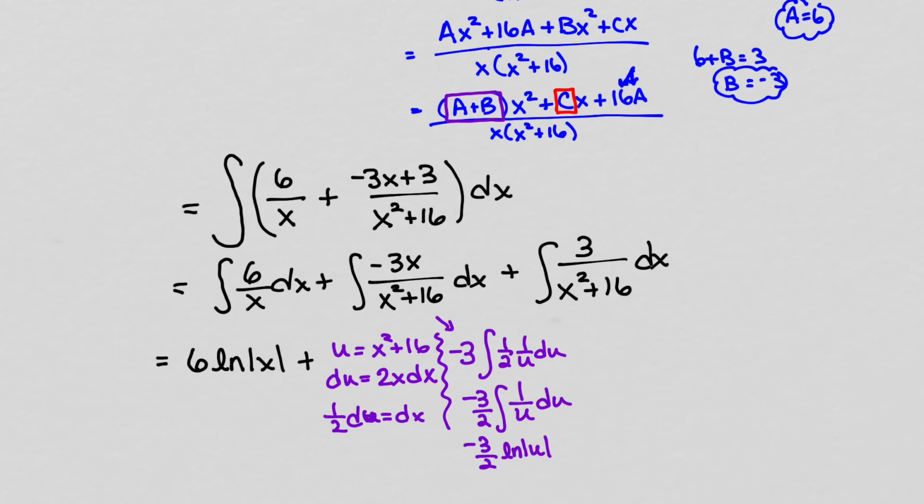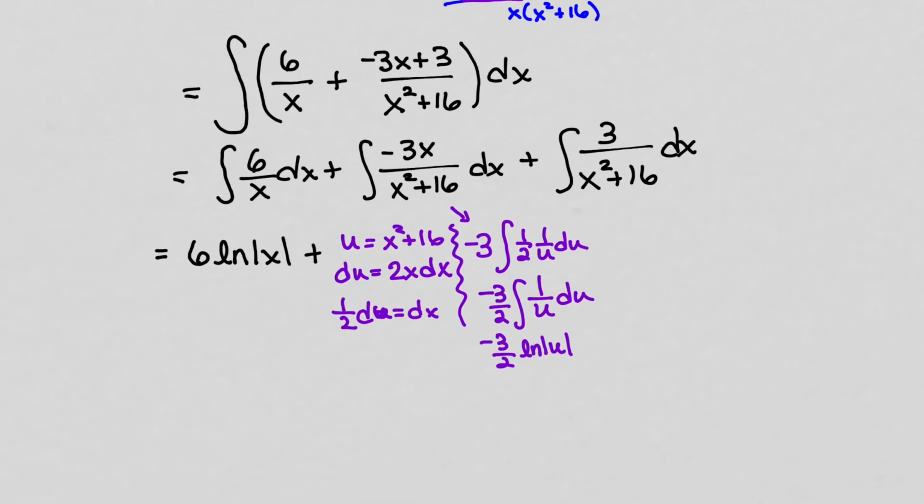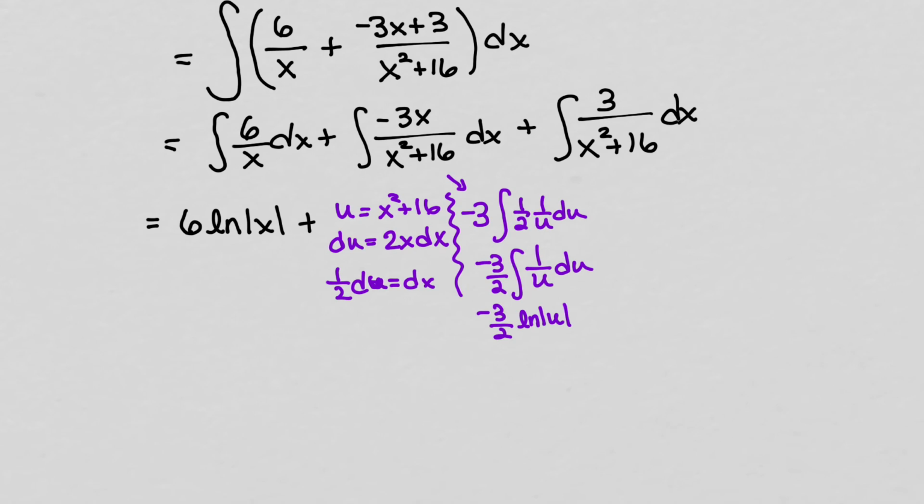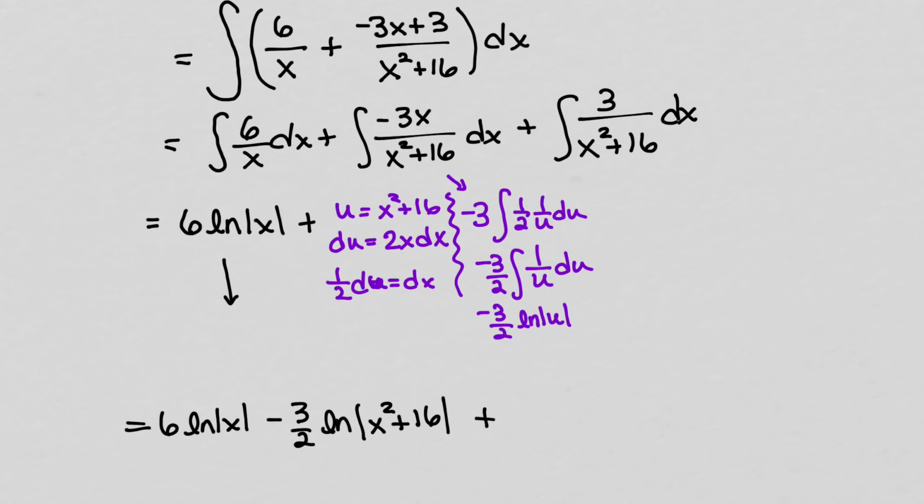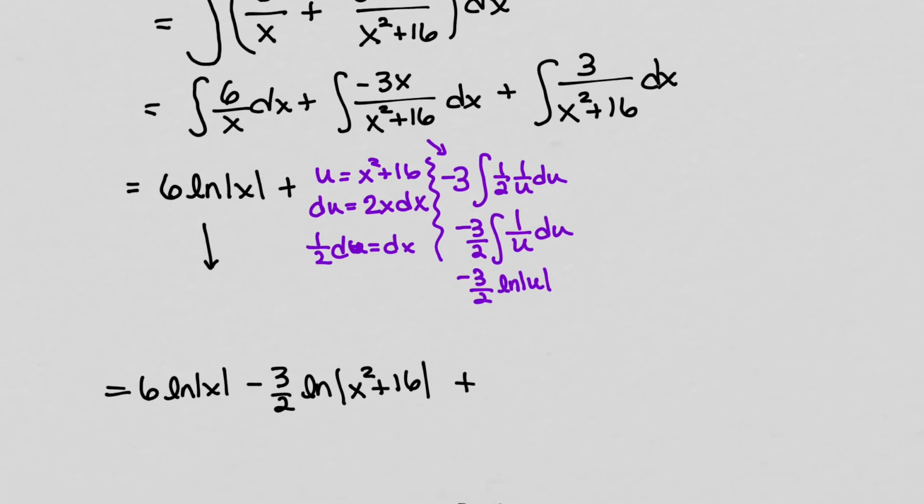So bring him down. So that's going to be 6 times the natural log of absolute x minus 3/2 times the natural log of x squared plus 16 plus. So far, so good, right?